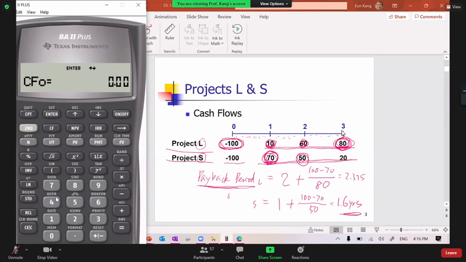Net present value. It's not present value. Net present value. So CF0. You don't forget CF0. CF0 is negative 100, right? Usually we don't put CF0 at 0, but this is a real life project. You have to invest, right? And C1 is 70. C2 is 50.